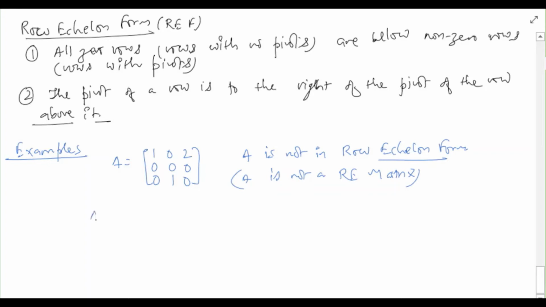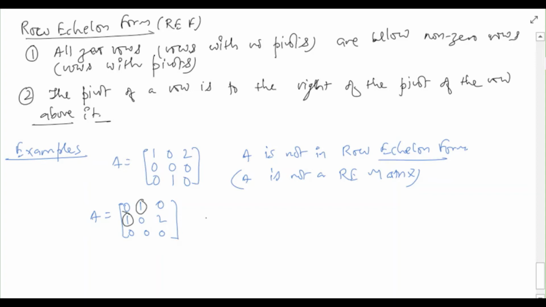Okay. Similarly, if I consider A equal to, say, 0 1 0, 1 0 2, 0 0 0, again I see that zero rows are below all non-zero rows, but the pivot entry of the second row is not on the right of the pivot entry of the row above it.